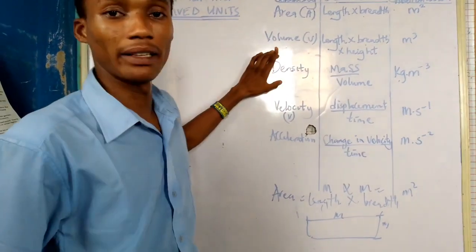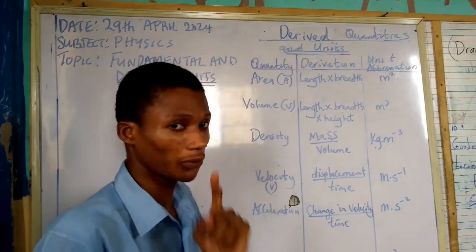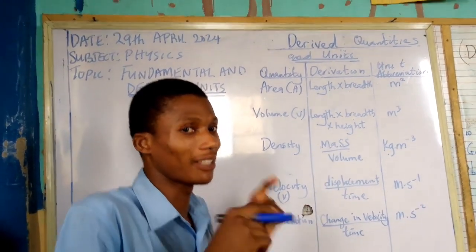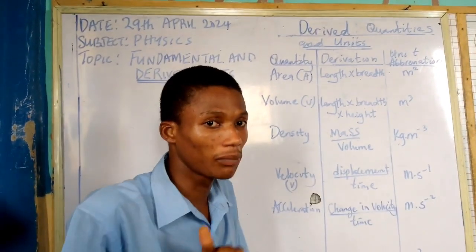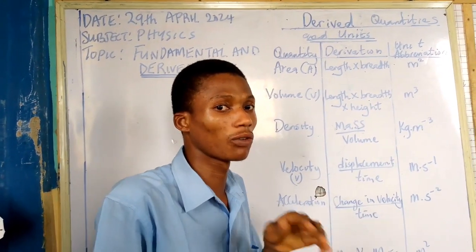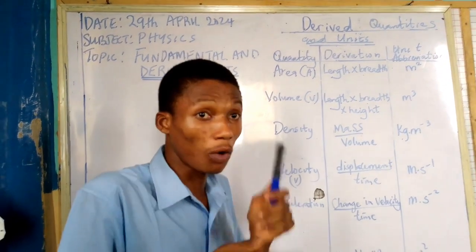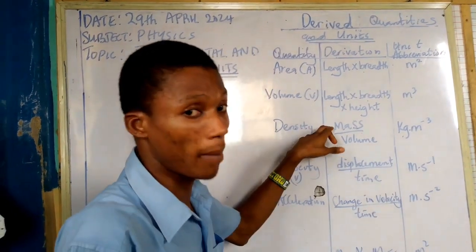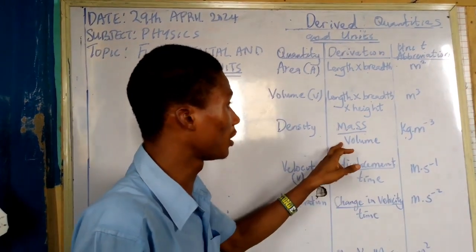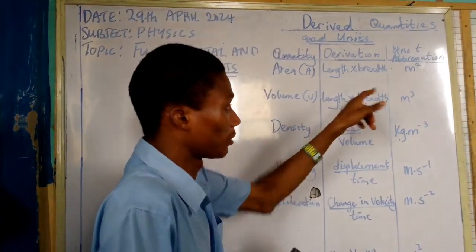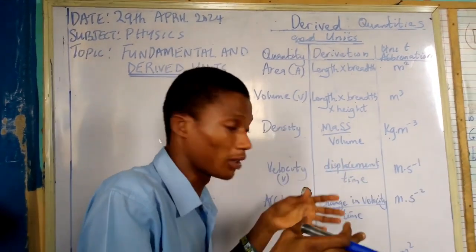Then we're having density, mass over volume. Don't forget, I told you the other time that the derived quantities are obtained by what? The simple combination of what? Two or more fundamental quantities. This mass here is a fundamental quantity. Volume here too, we got it from length and breadth, a combination of fundamental quantities.